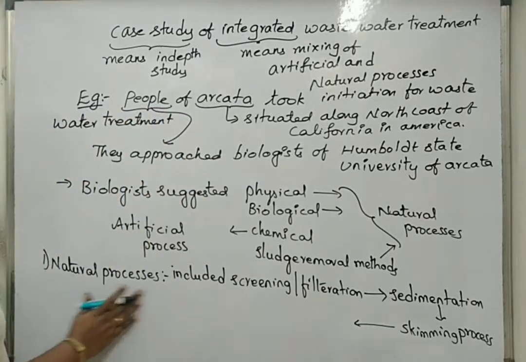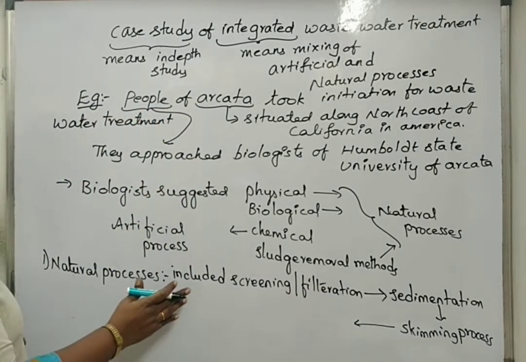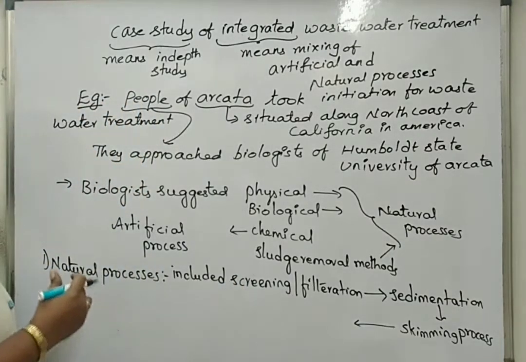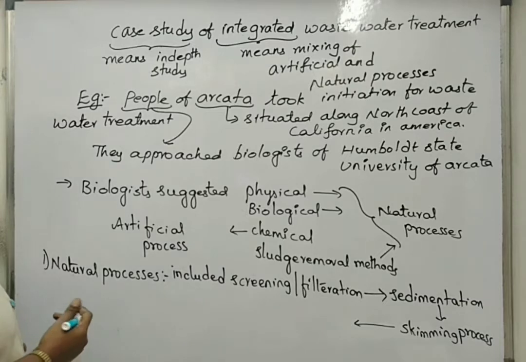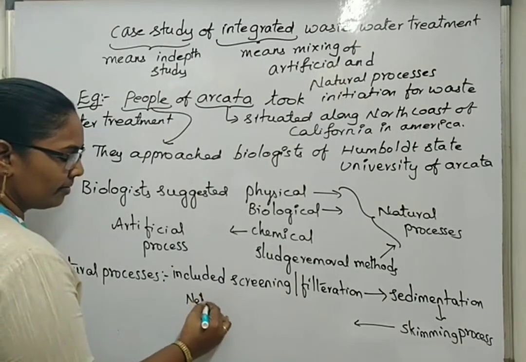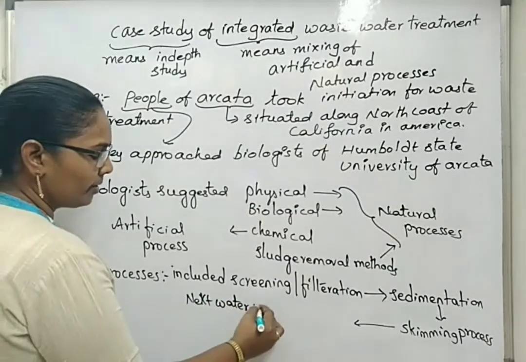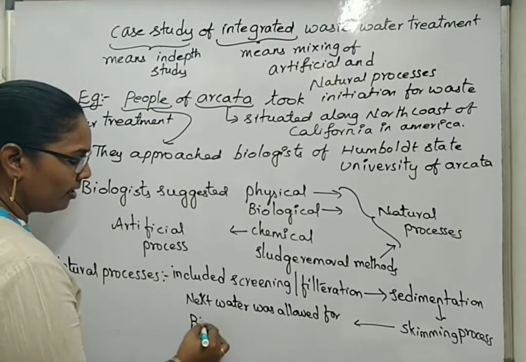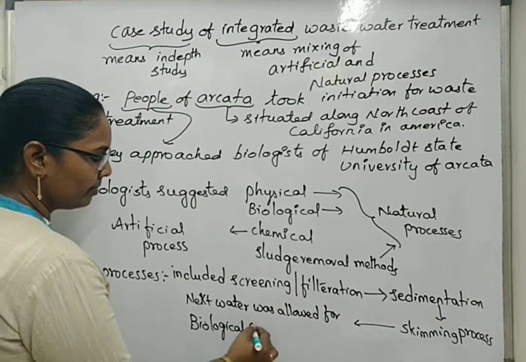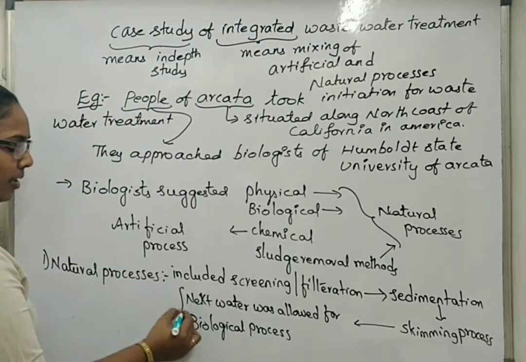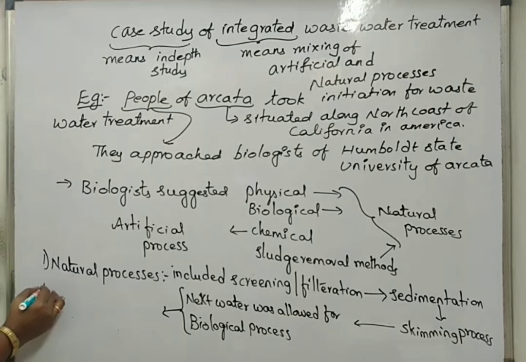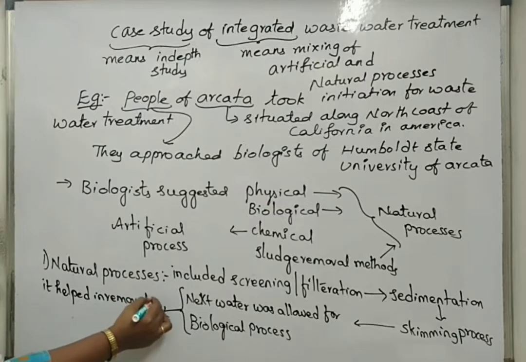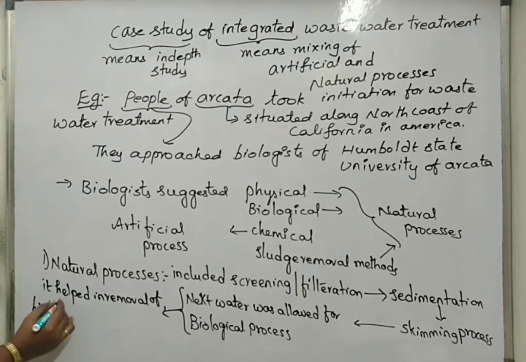Next, after the screening, sedimentation or filtration of water and the skimming process, it was continued with a biological method for removal of highly dangerous pollutants. Next, water was allowed for the biological process. Here the biological process helped in removal of highly dangerous pollutants.